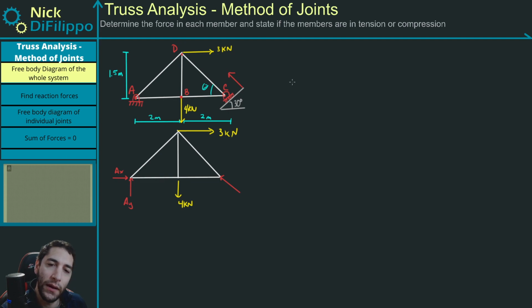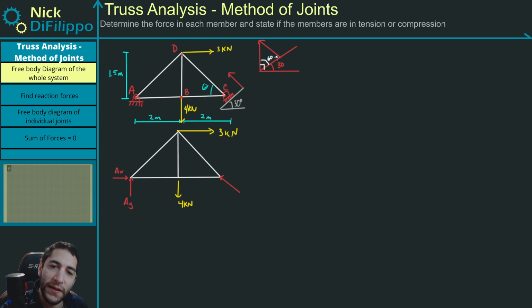So I know that, let's draw this like this. Okay, so I know that this is 30 degrees. If I draw a line straight up, I know that this angle right in here is going to be 90 degrees. So this means this must be 60 degrees.